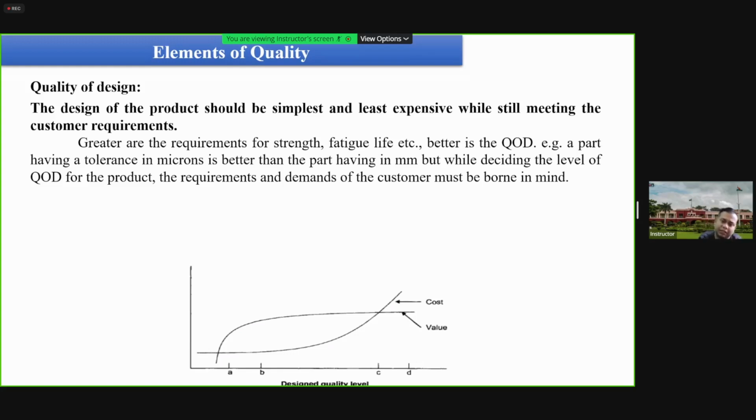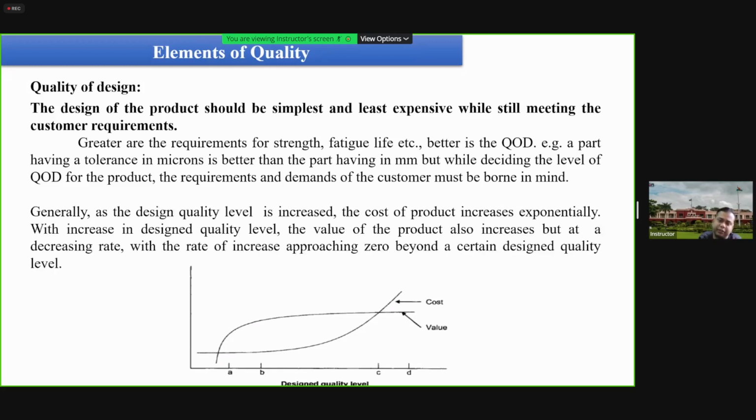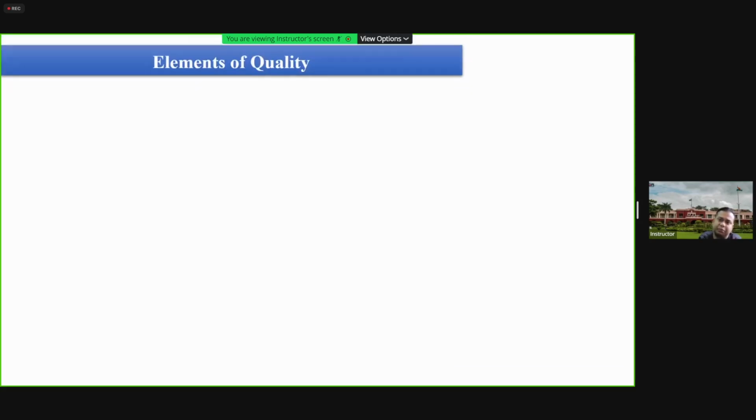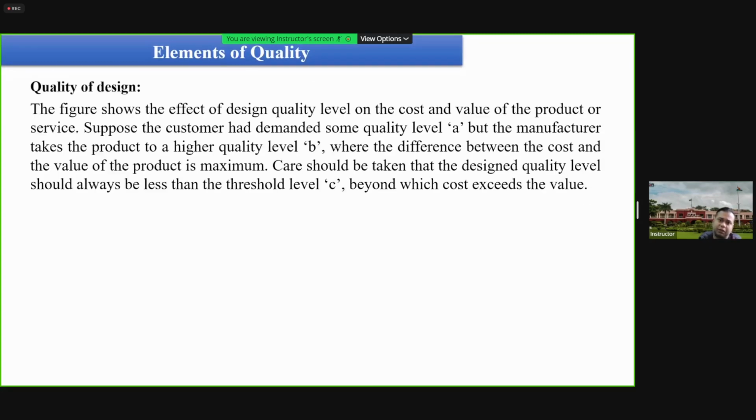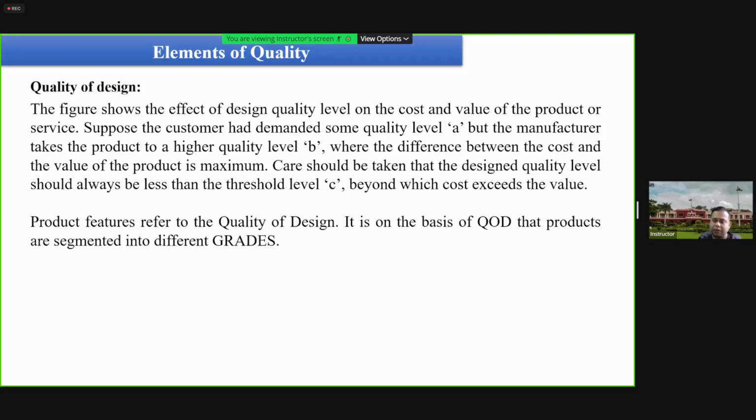Now that is the quality of design phase, where we are basically putting specifications into the product, determining the needs of the customers and then putting features and specifications into the product. When we are talking about specifications, specifications of quality can be given in various ways.